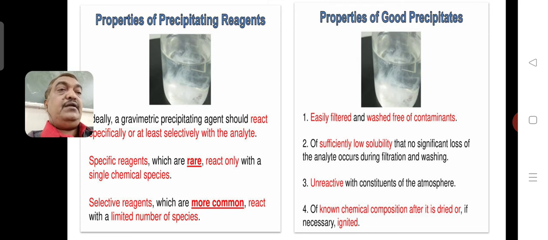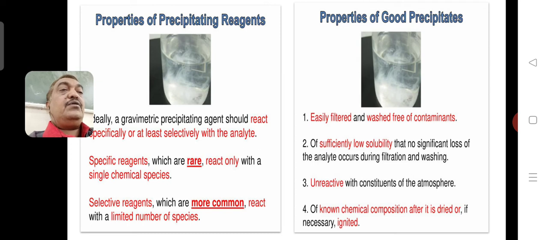For example, when you add sulfuric acid to barium chloride, it will get converted into barium sulfate, but not any side reaction. For example, if it is contaminated with chloride, barium again precipitates as barium chloride, or it may contain nitrate, and the nitrate will again form barium nitrate. Such a thing should not happen in this situation.